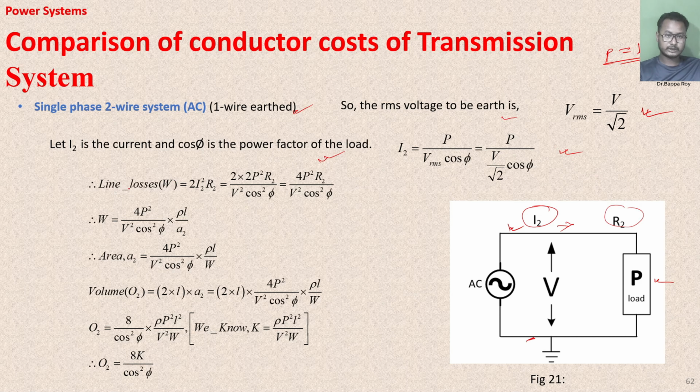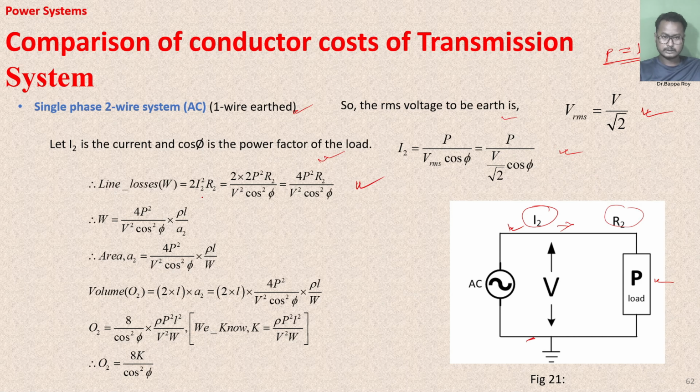So W is 2 I2 square R2, because there are two conductors here. Putting in the value of I2, it comes 2 into 2 P square R2 by V square cos square phi, which is 4 P square R2 by V square cos square phi. Is it clear?